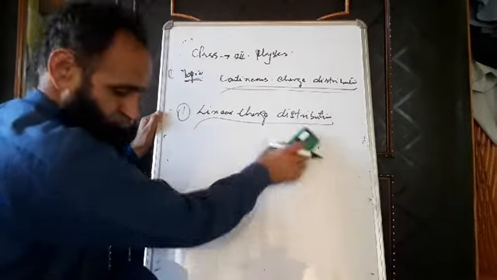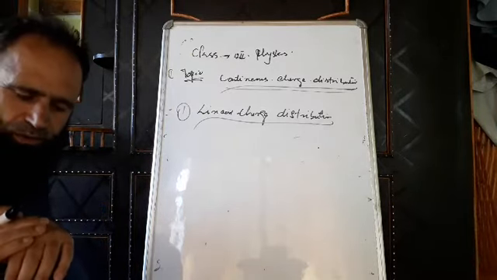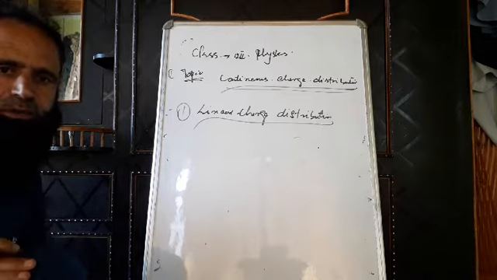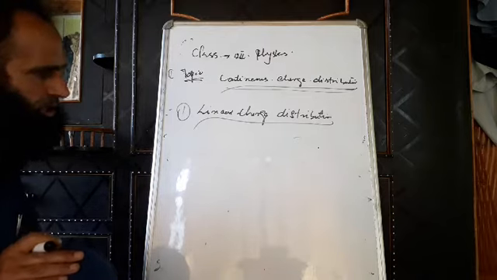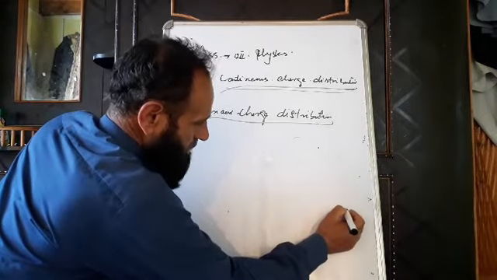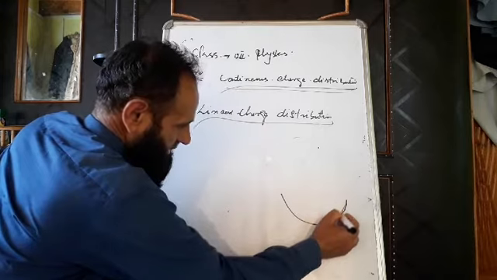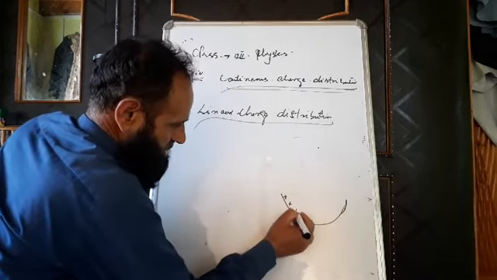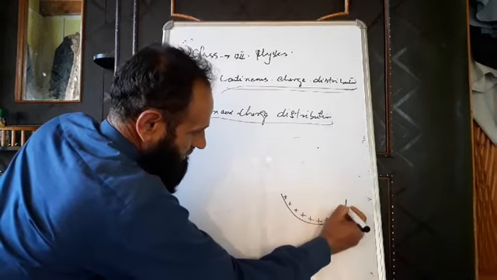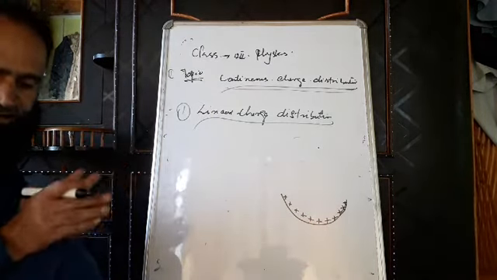However, in case of non-uniform distribution of charge, if the charge is not distributed uniformly, what would be there? We are taking a circular conductor. Why is there no uniform linear charge distribution?